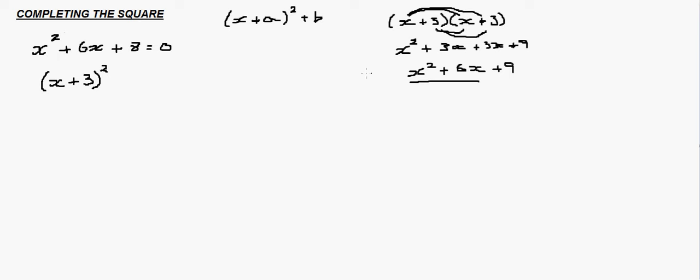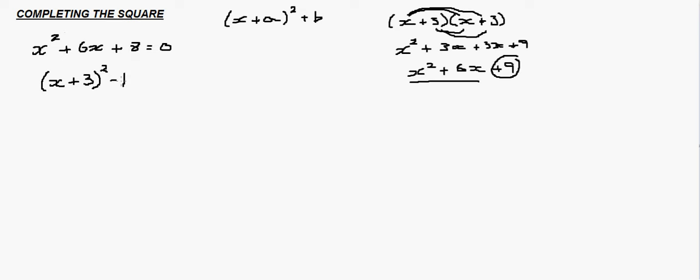The only thing that's different is the number. Now here we have 9, but when I expand this, I know I'll get 9, but I want 8. So what do I need to do to 9 to get 8? Well, I need to subtract 1.